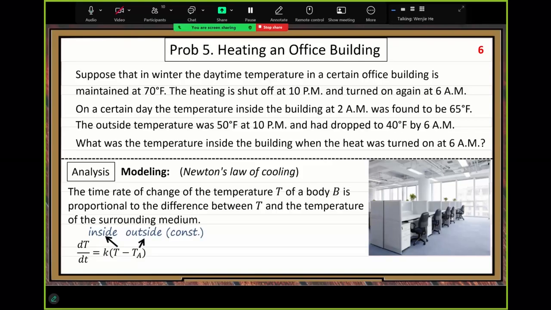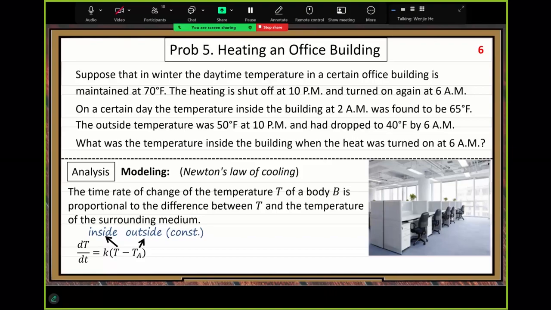But in Newton's law, the outside temperature T sub A should be a constant. Based on Newton's law, the surrounding temperature should be a constant. But in our given condition, the outside temperature is not constant, right? At 7 p.m. it's 50 degrees, but at 6 a.m. it's 40 degrees.